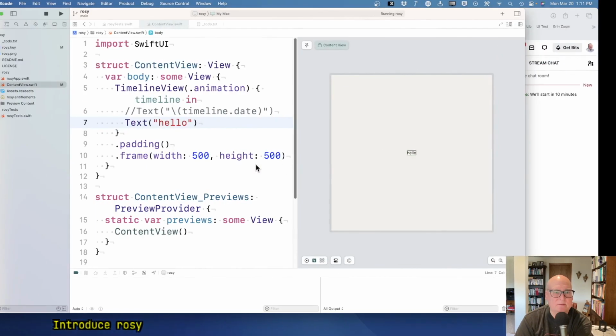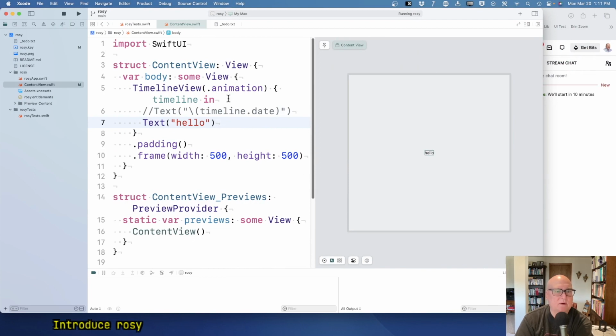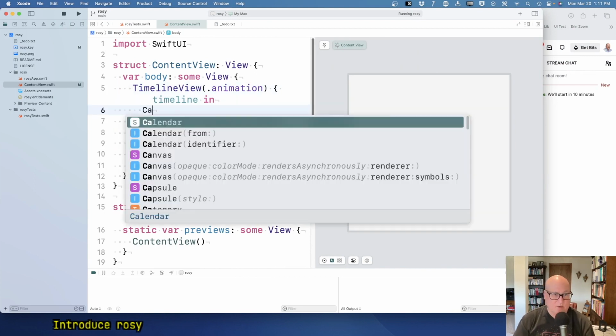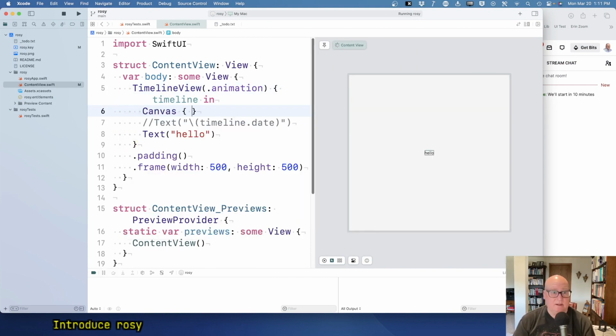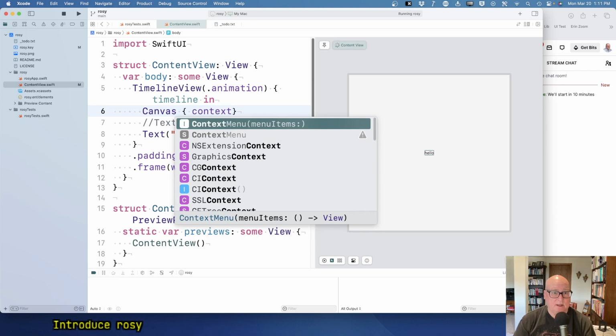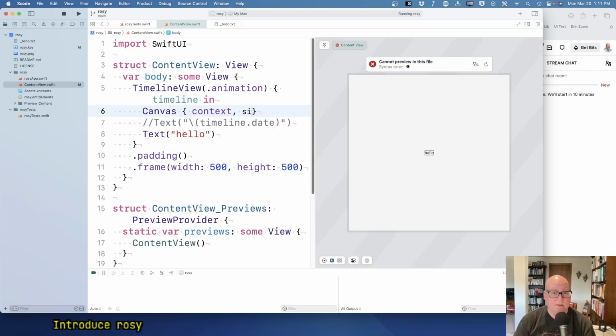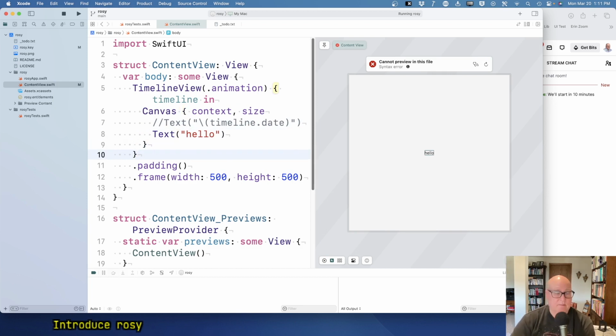Well, one thing I know we can do is put this whole thing in a Canvas, which gives us more flexibility for drawing. And a Canvas gives you a context, which is the thing you draw into, and it gives you a size. Let's put that down here. Okay, context, size, in.